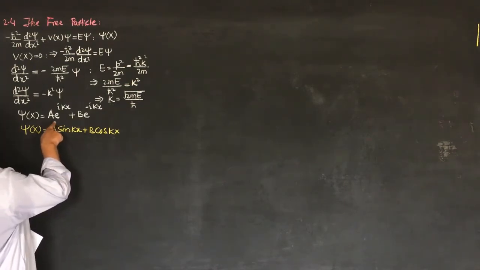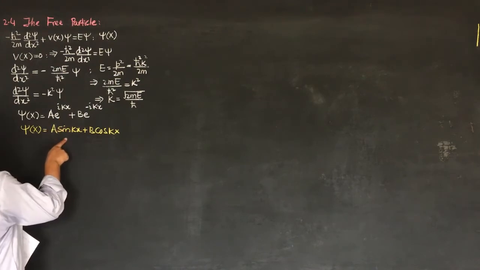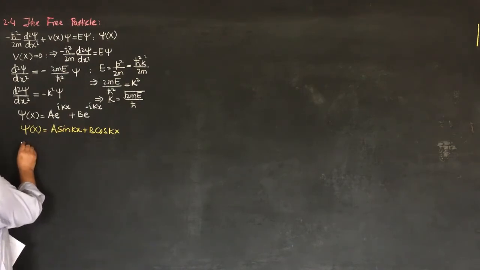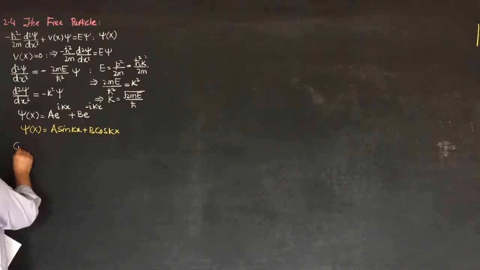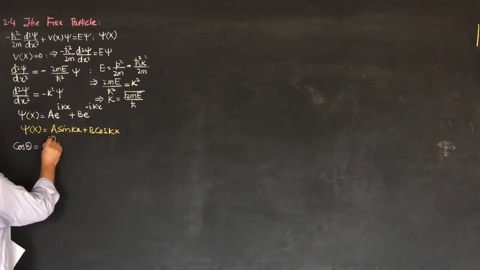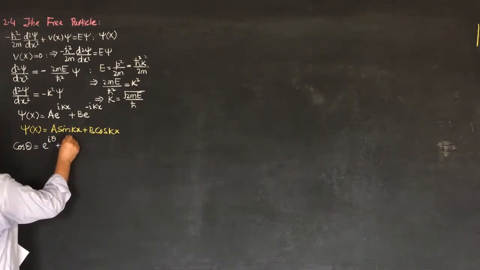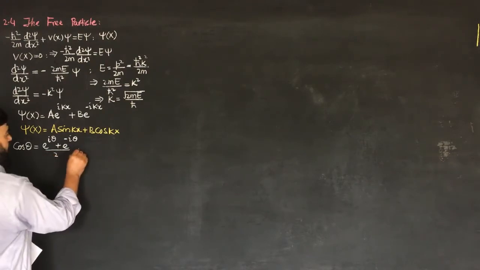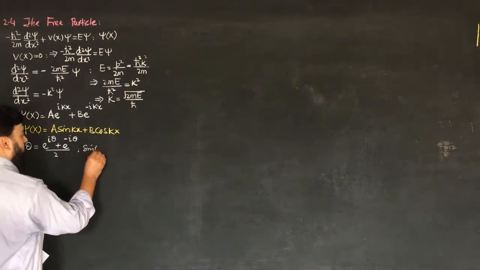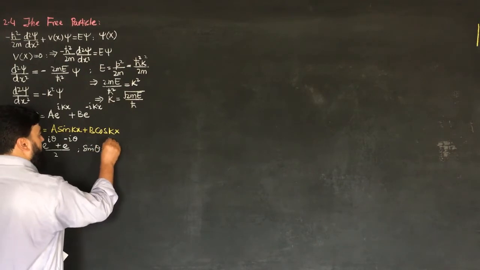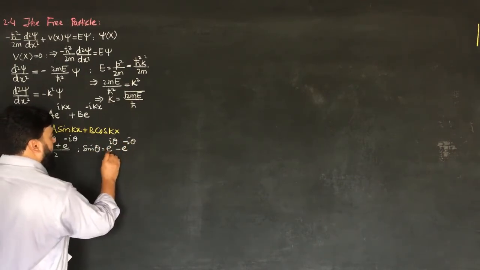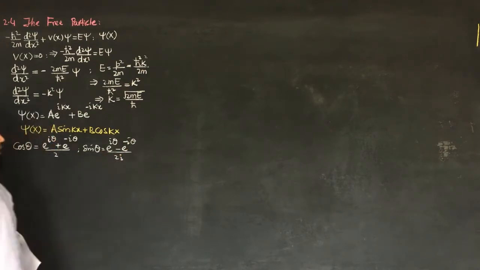In reality these two are the same, because I know that cos of theta is equal to e to the power i theta plus e to the power minus i theta divided by 2, and sine of theta is equal to e to the power i theta minus e to the power minus i theta by 2i.